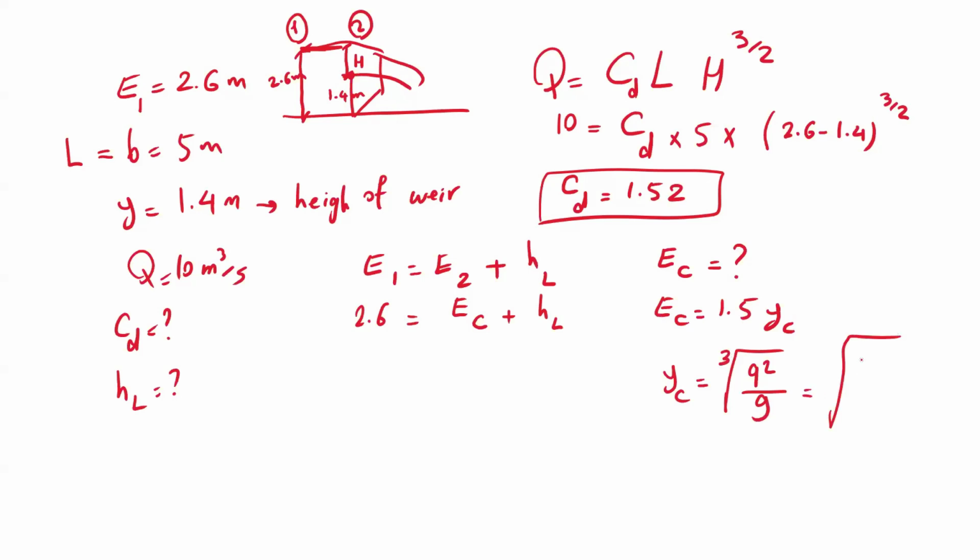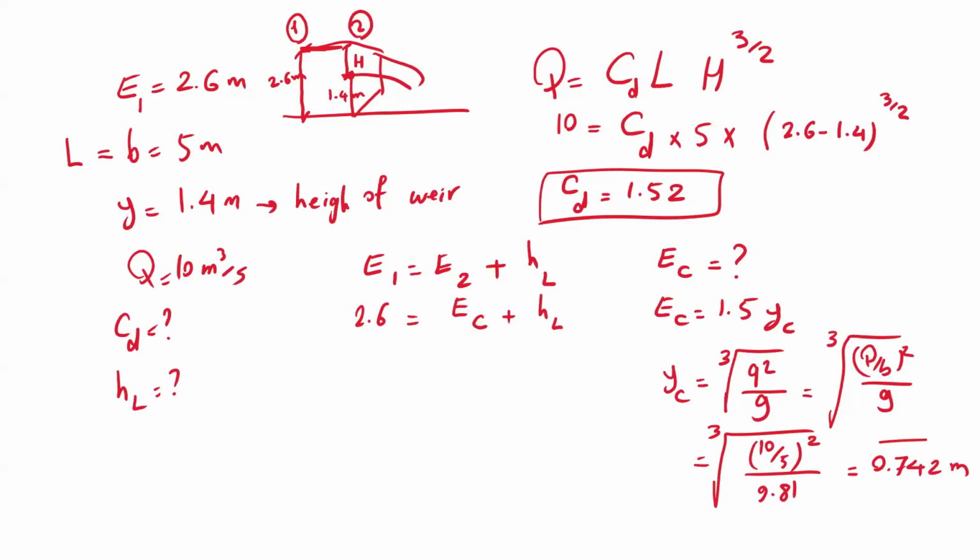Do I have a small q? A small q is always Q over B. I think I have all the info right now. Square. Is it metric? Yeah, so 9.81. My YC is this number.